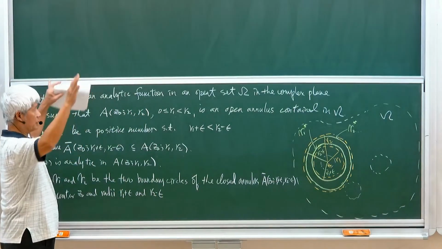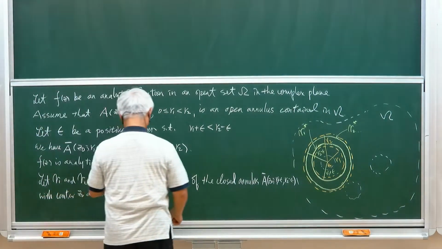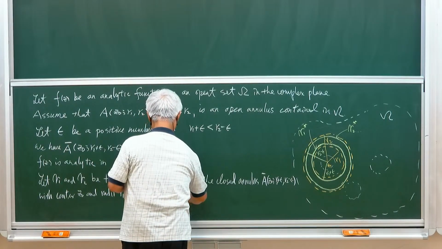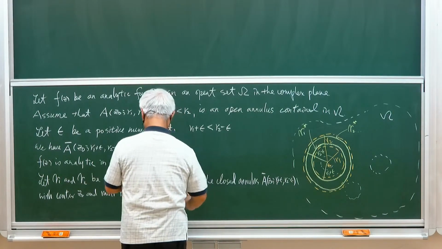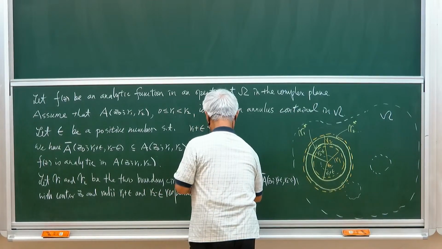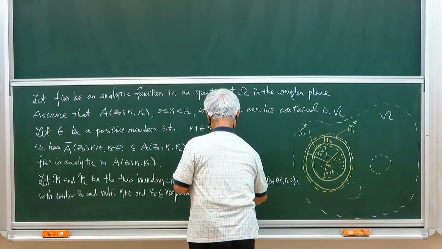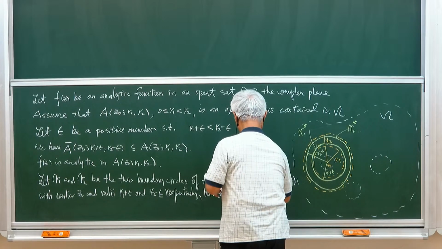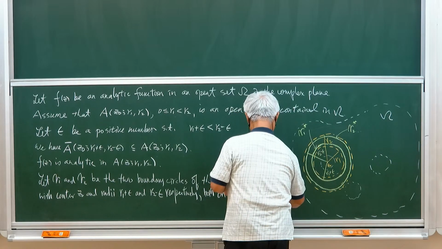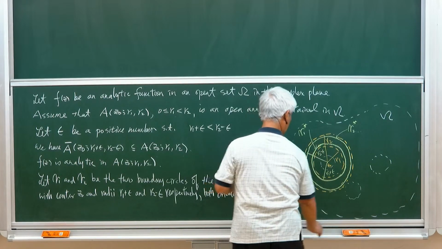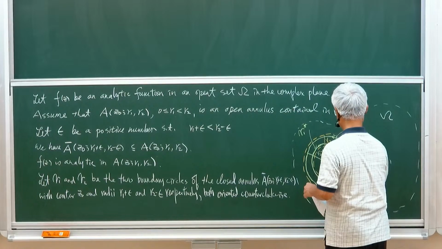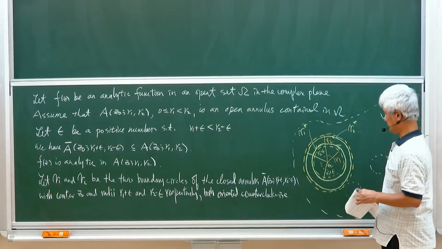Gamma 2 is the outer circle, and both are oriented counterclockwise. So the orientation would be this way.